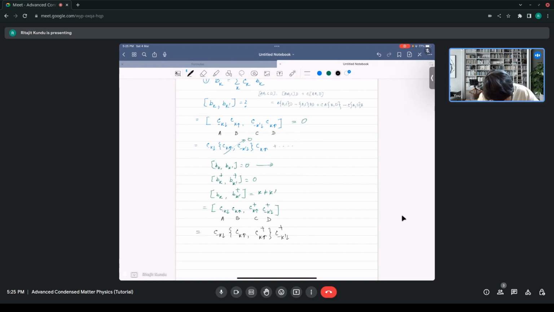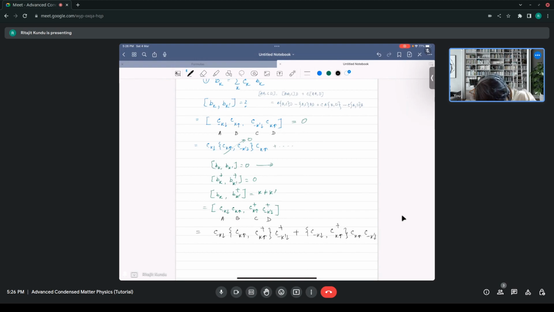Okay, so this is one of the non-zero terms. Other things are the anti-commutation of A and C, with c minus k down and c k up dagger, and then B is c k up and D is c minus k prime down.